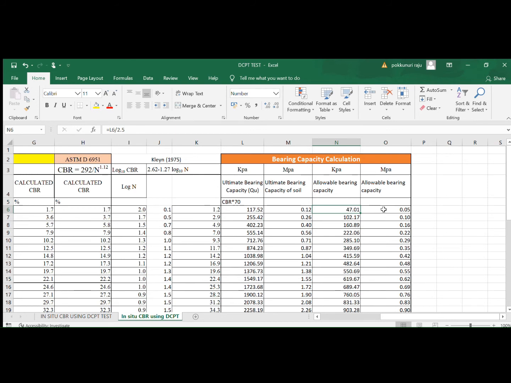In terms of MPa, either divide the kPa value by 1000, or divide the MPa value of ultimate bearing capacity by 2.5, that means 0.12 divided by 2.5 will give you 0.05, or 47.01 divided by 1000 will give you 0.047, which is rounded to 0.05 in 2 digits.